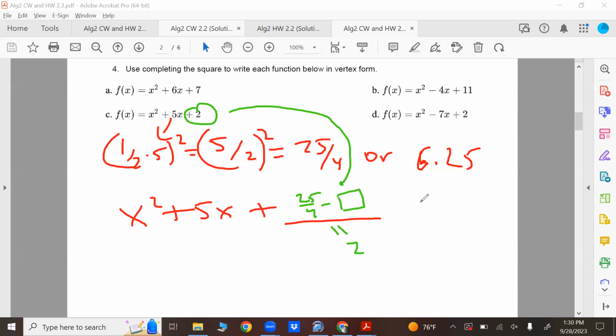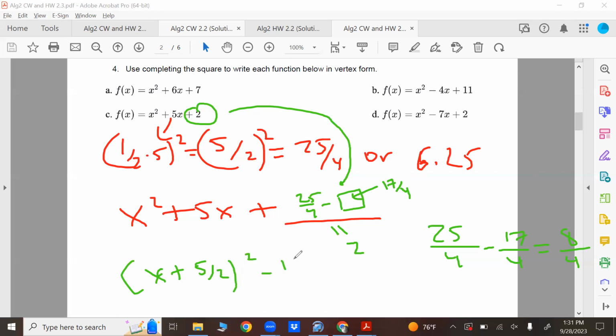So you could change 2 to 8 over 4. What number would you subtract from 25 fourths to get to 8 fourths? Or 17 over 4, same thing. So it's going to be x plus 5/2 squared minus 17/4.